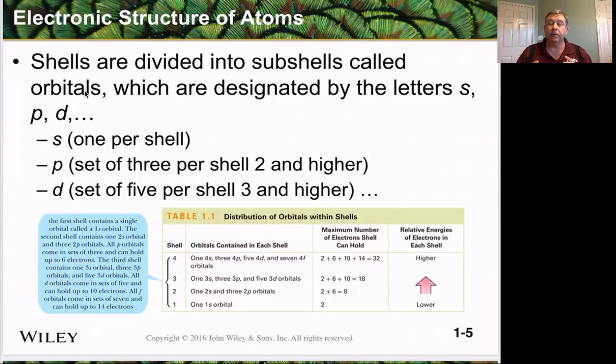In the second shell, we have another s, so that's our second s shell, and we now have 3 p orbitals in that second energy level.